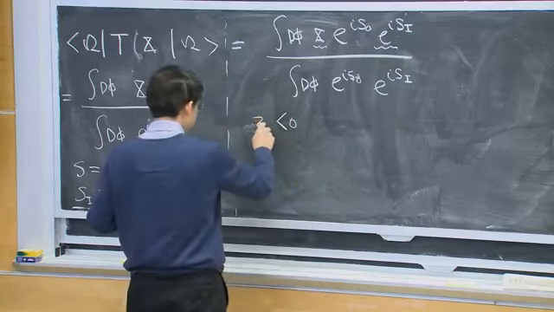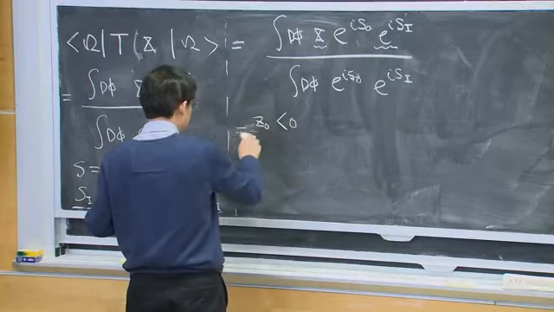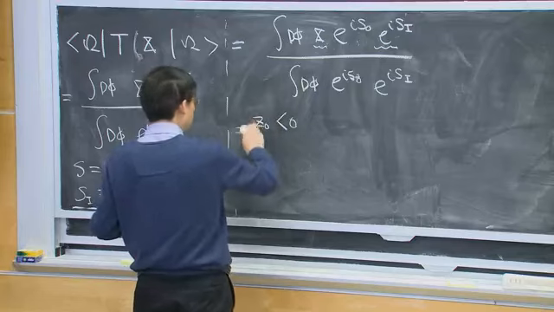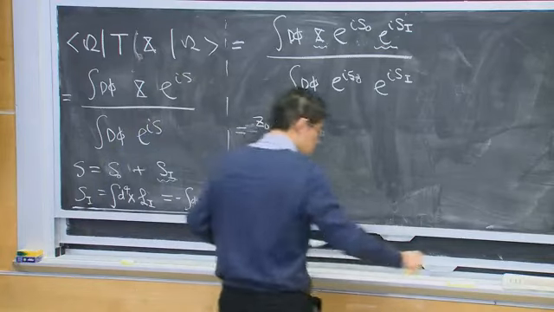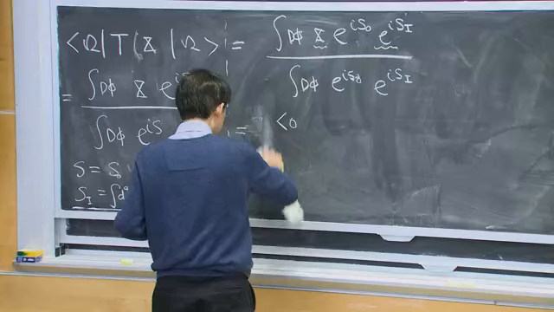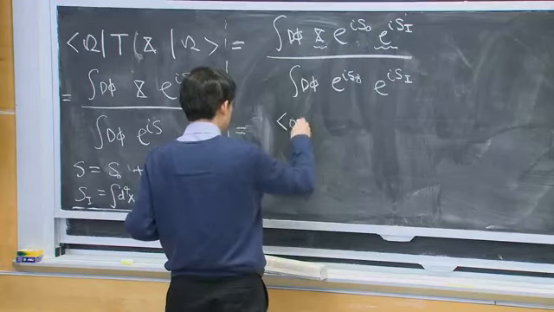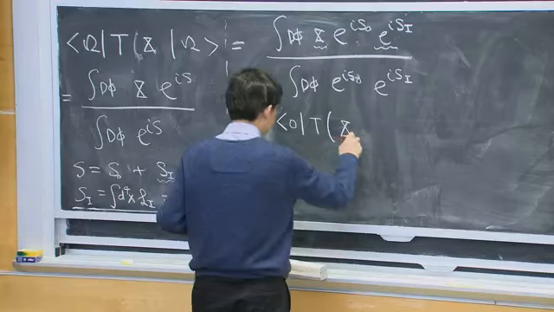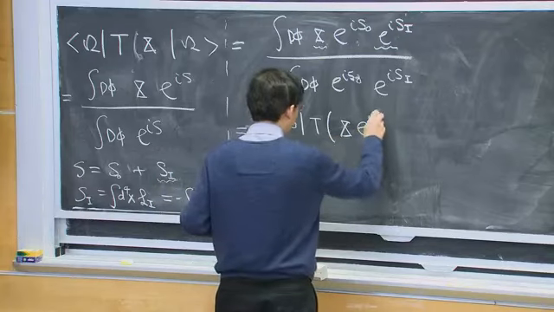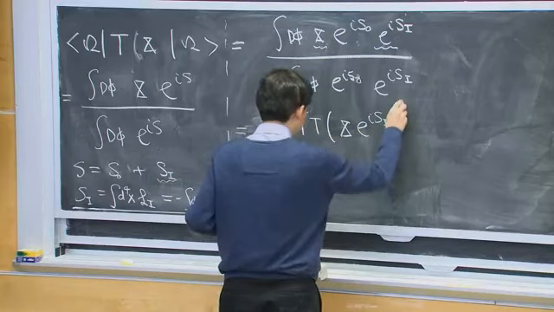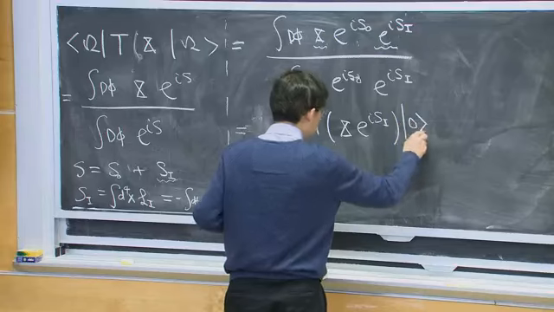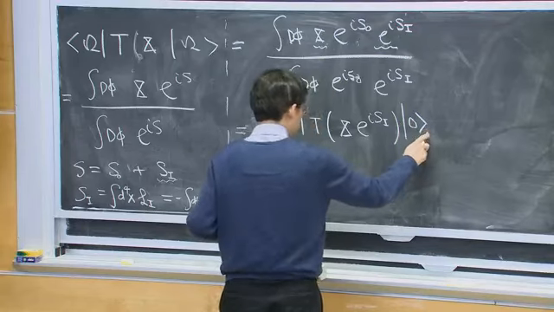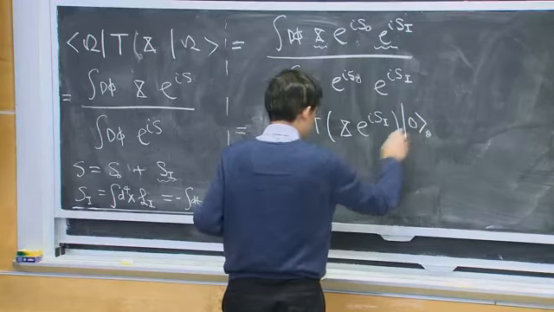Upstairs should correspond to Z_0, but let me not worry about it at the moment. So now you can write it as the time-ordered x times e to the i S_I, with expectation value in the free theory, so I put a subscript 0 here.